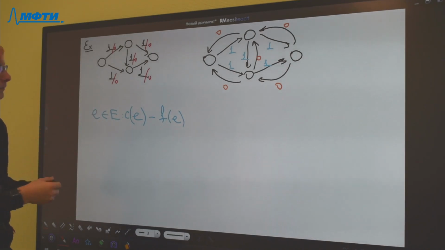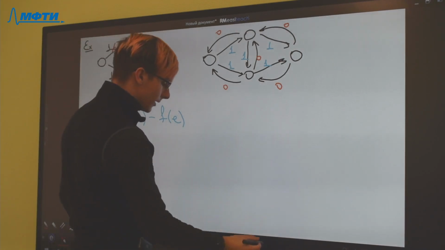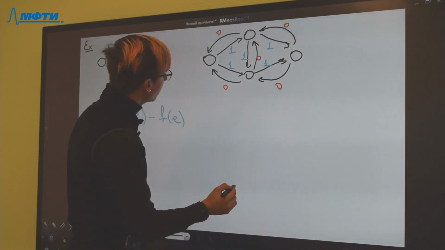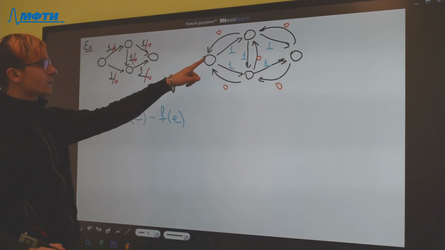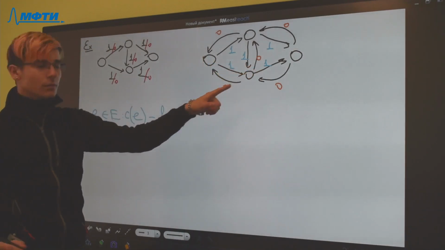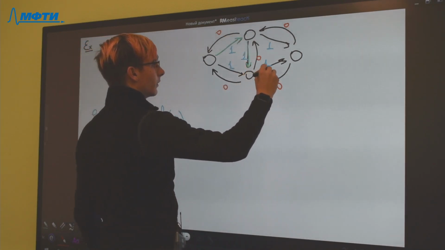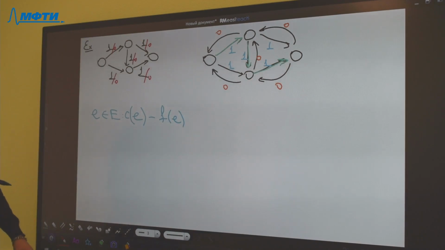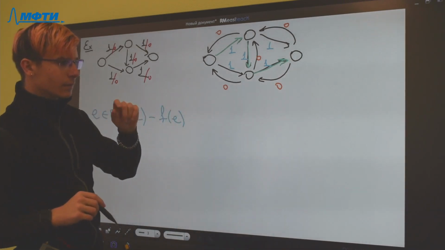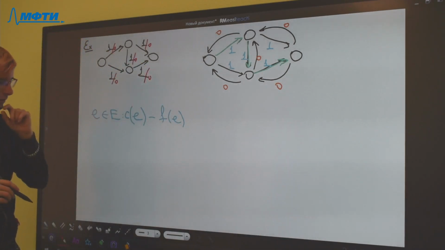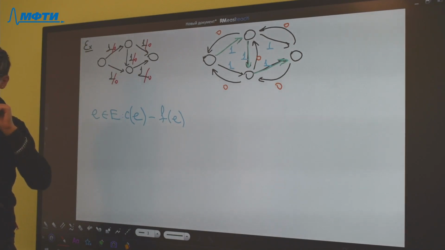Okay. So I try to find a path from the source to the sink. For example, I can draw and find this path. And if we have an augmenting path, we say that this flow isn't the maximal flow of the graph.